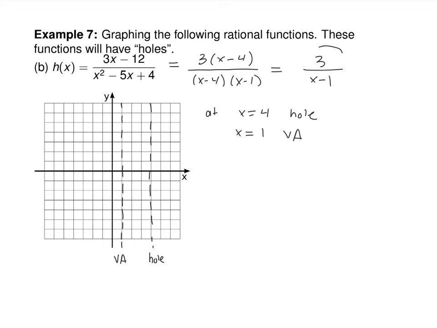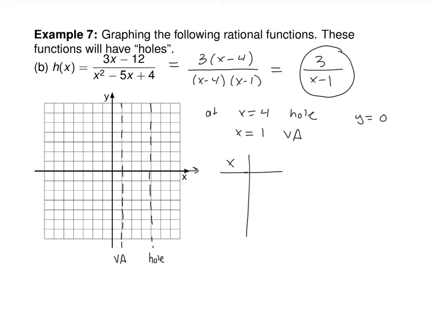Now you just plot this 3 over x minus 1 function, just like we did in the previous one. What's the horizontal asymptote? y equals 0 is the HA, so you've got the x-axis. Pick some numbers to the right and left of the vertical asymptote. Pick numbers on the right and left of 1.